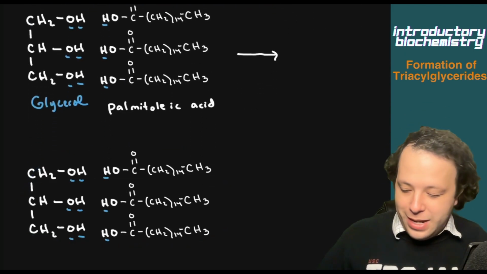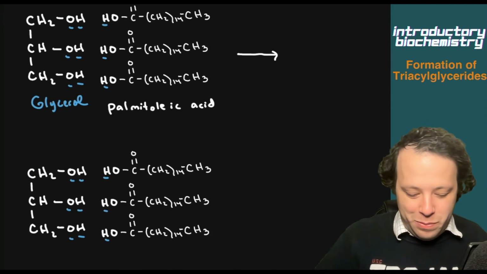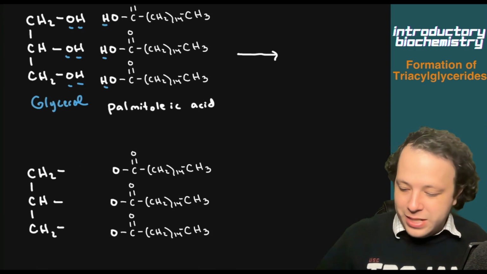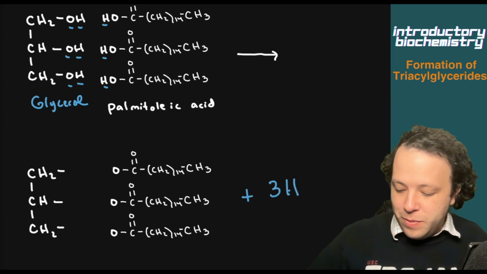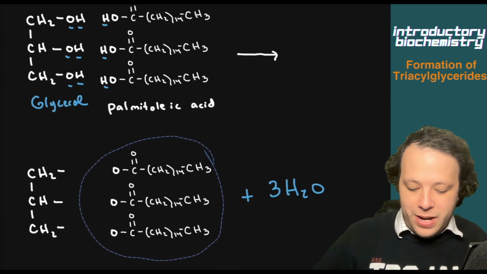When that happens, and being that these are such big molecules, usually you have to use multiple lines of a notebook to do that. So we're going to erase all of the OH or water components from the structure. That is going to be our product. So we're making 3 waters as part of our reaction.